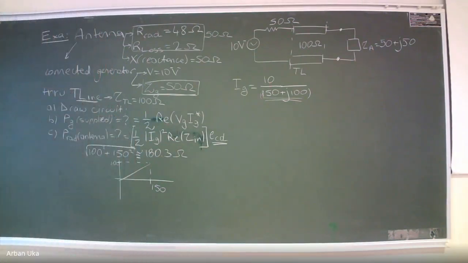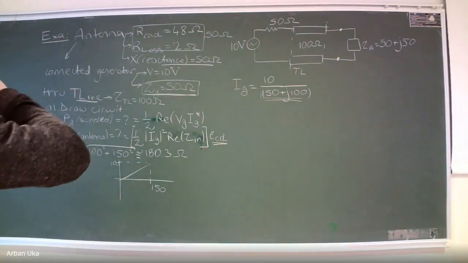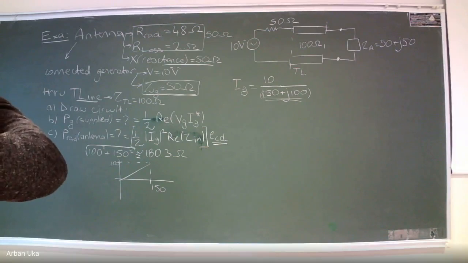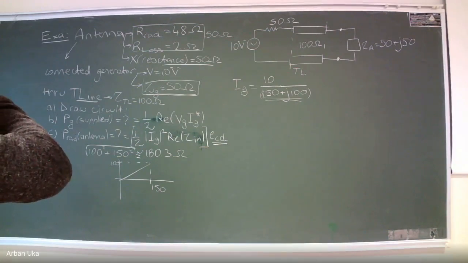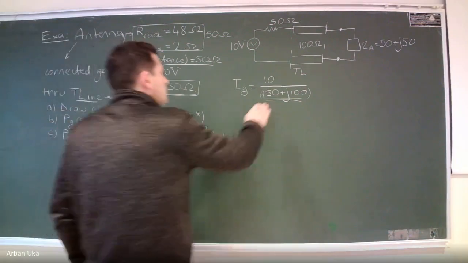Let's notice once again. We have the reactance here. We have a clear reactance of 50, and the transmission line has 100. And then, wait a second. This would be 150 plus 50. I'd rather do this one. Okay, plus 50.